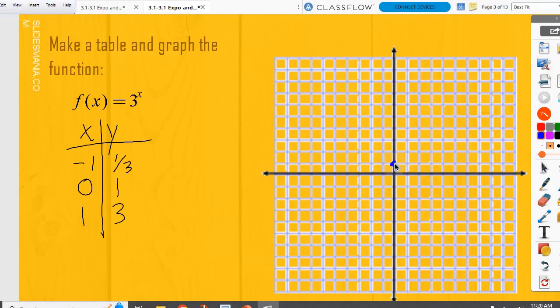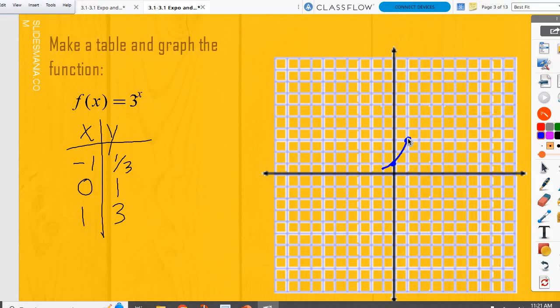So notice, these are my 3 key points. I connect them. Okay. Do I need many other points to know what the rest of my graph is doing? No, what we can do instead is say, okay, if I have a 3 to the x, that's what type of function? An exponential.